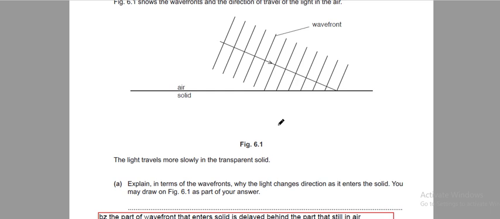So we knew that the wavefront in the solid will be delayed compared to air, and this delay means that there is a change in the angle of the wavefront in the solid, and as the direction of the ray is perpendicular to the wavefront, it will have a new direction here.